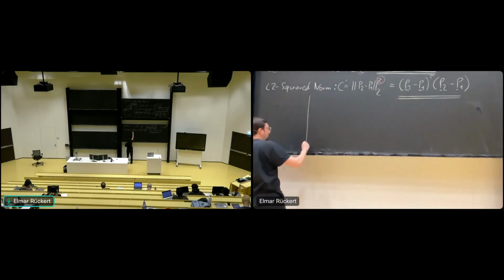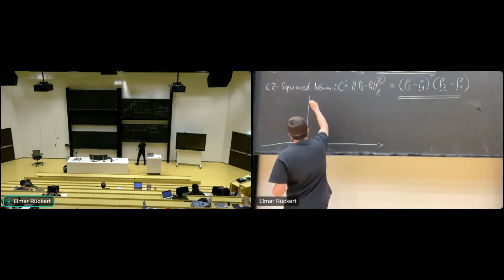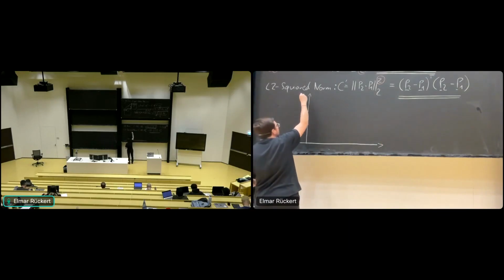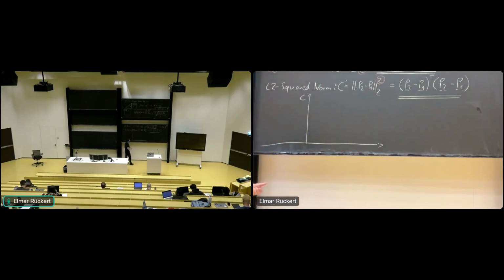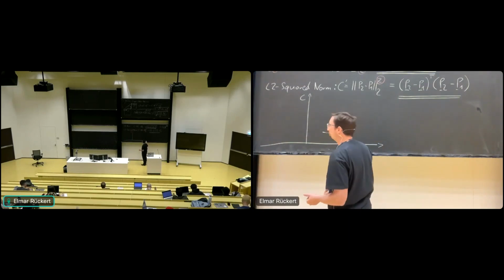So that's not the issue. The issue is something else. The issue is the quadratic element here. If you compute the distance over your space, now this is C here, the distance, and this is your space of potential points.